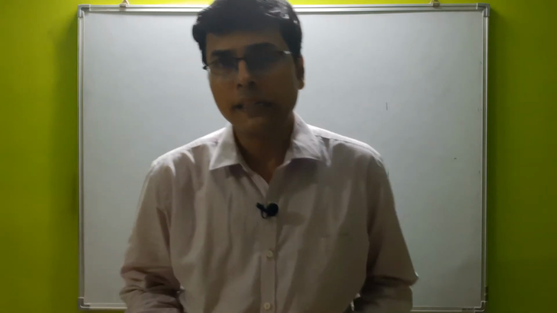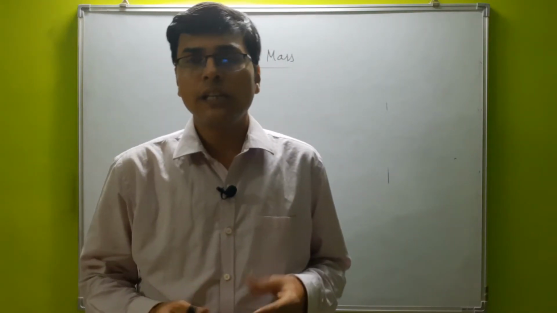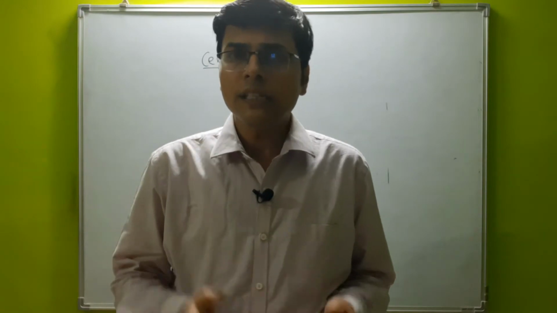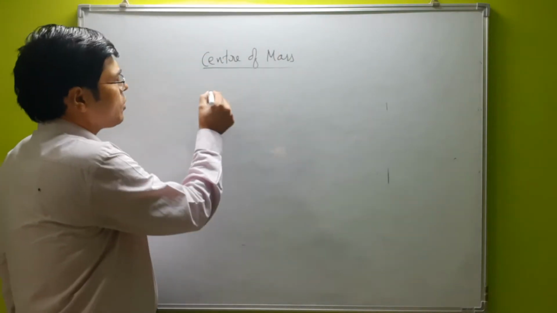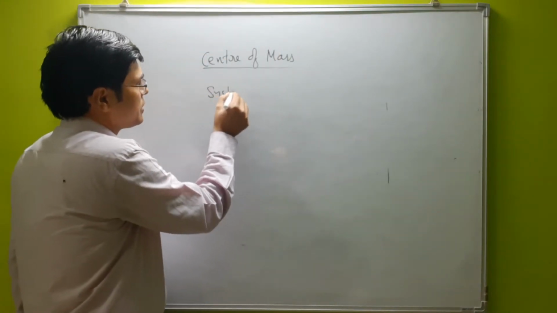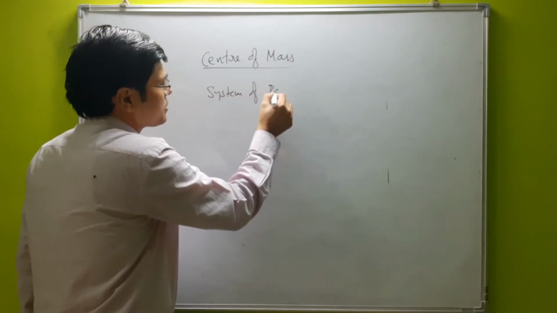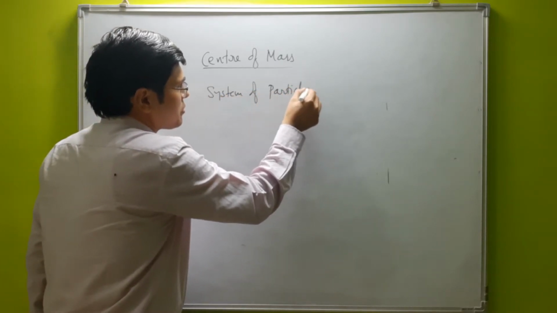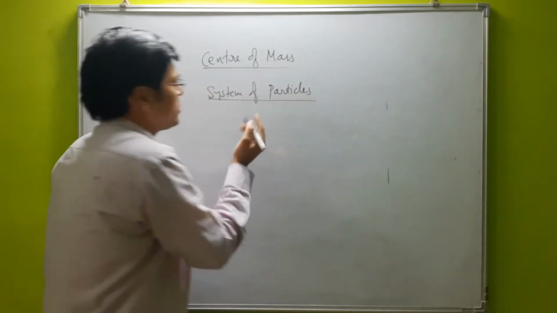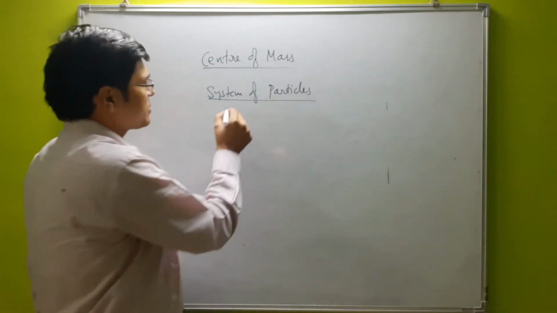Now these particles can be arranged in different ways. If you talk about system of particles, there could be two kinds of system of particles. First is discrete system.